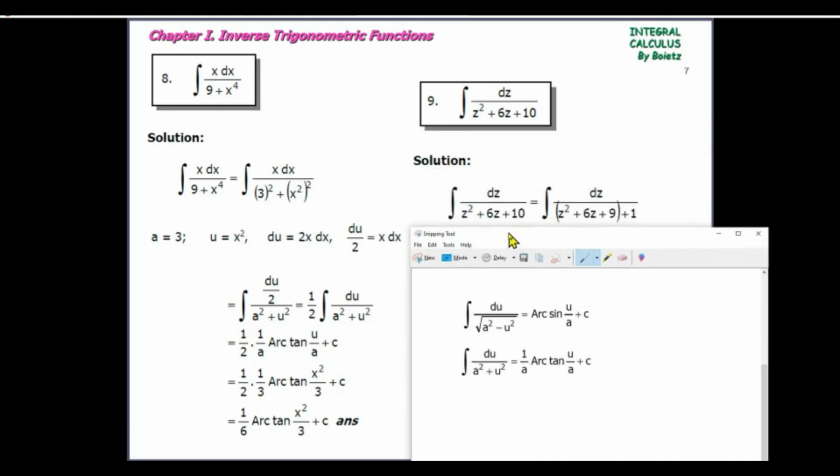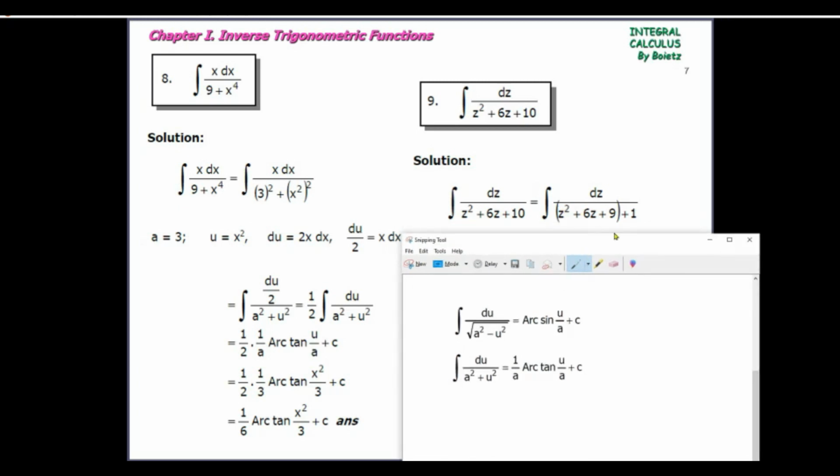So here, let's convert yung y squared plus 6z plus 10 equals z squared plus 6z plus 9 plus 1. So sineperate yung 10. So gawin mong perfect square yung z squared plus 6z.